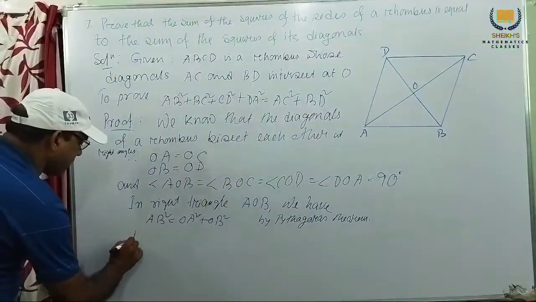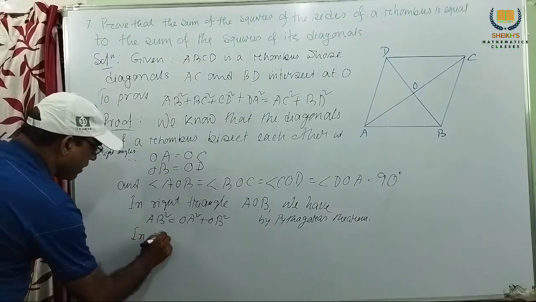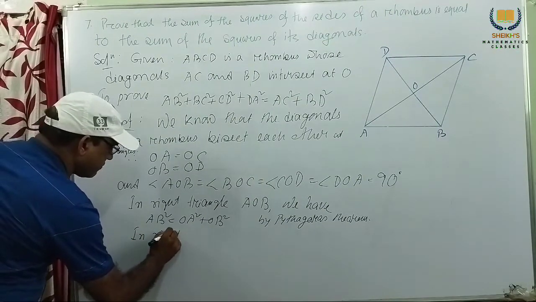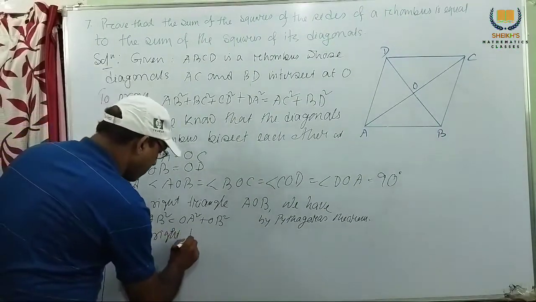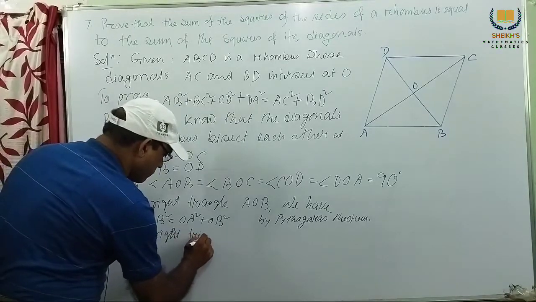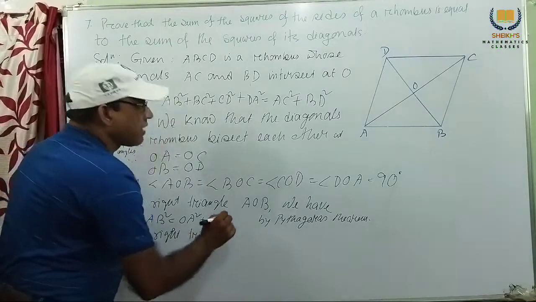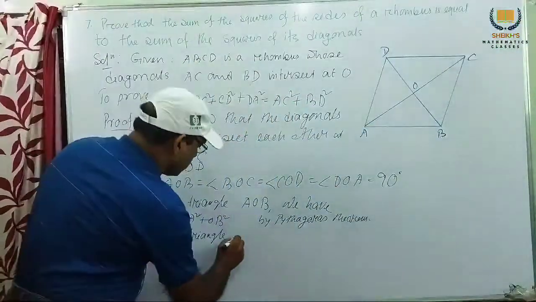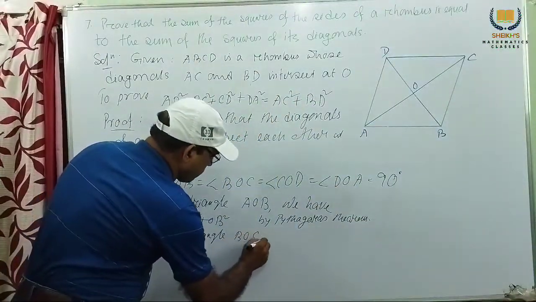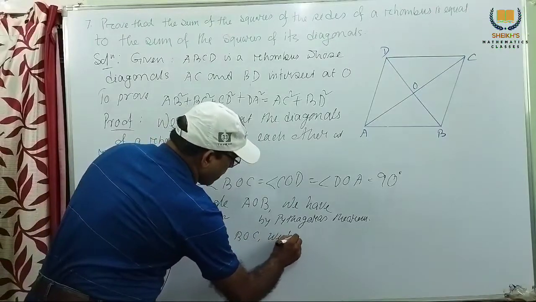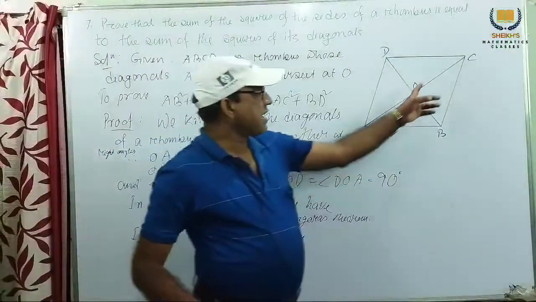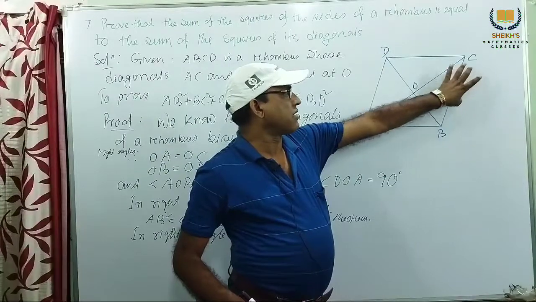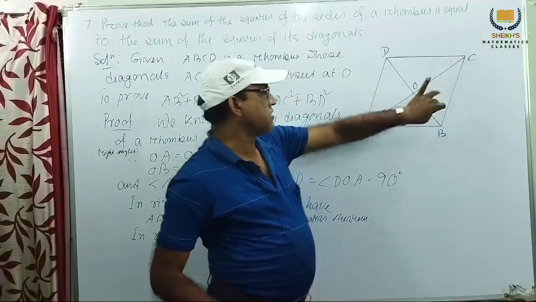In right triangle BOC, we have this is 90 degrees, then obviously this is the hypotenuse. This square equal to this square plus this square.